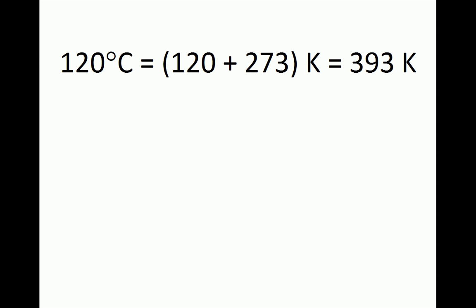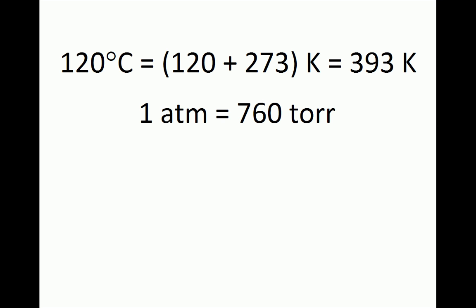Temperature can be converted from Celsius to Kelvin by adding 273 to the temperature in Celsius, for a total of 393 Kelvin. To convert the pressure from torr to atmospheres, we must use the conversion factor 1 atmosphere equals 760 torr.